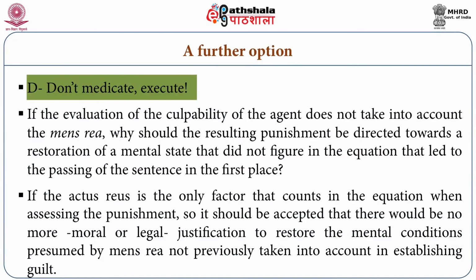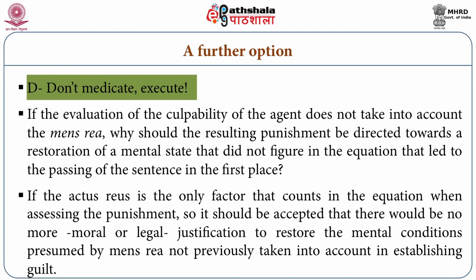In other words, if the actus reus is the only factor that counts in the equation when assessing the punishment, it should be accepted that there would be no more moral or legal justification to restore the mental conditions presumed by mens rea, not previously taken into account in establishing guilt. So this is a reformulation of the very same thing.